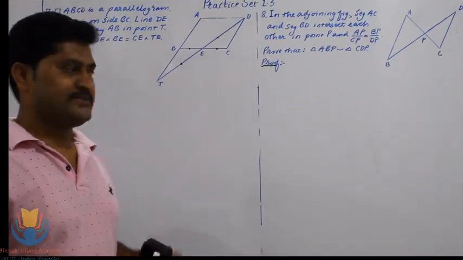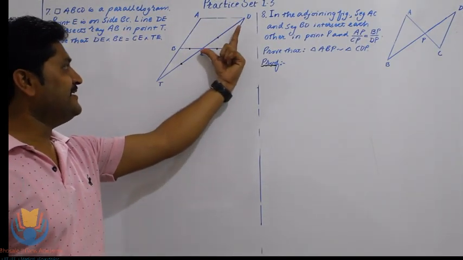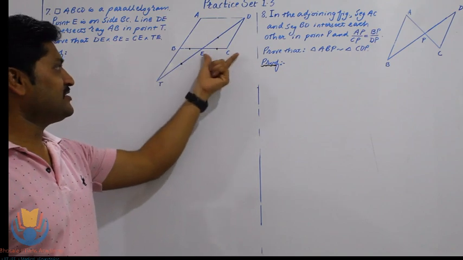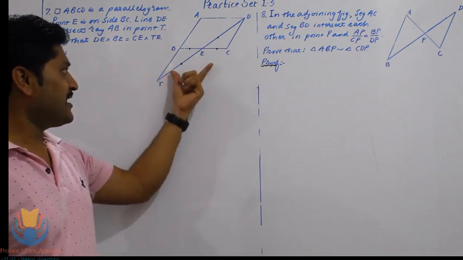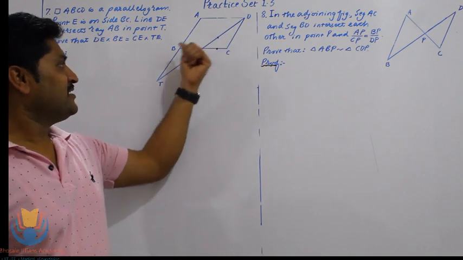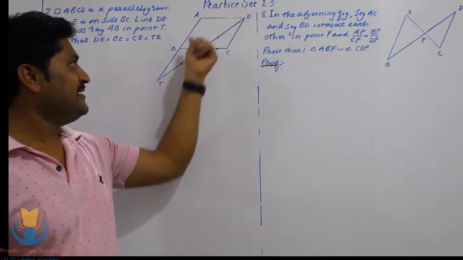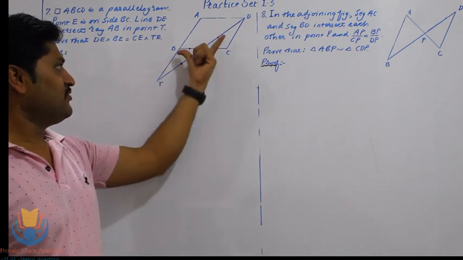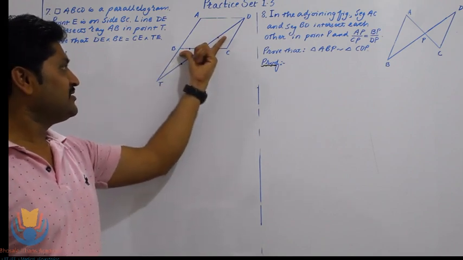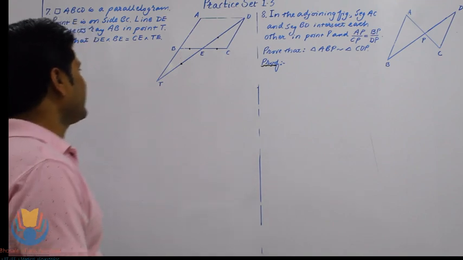Let's start question 7. Here we have to prove that this DE into BE is equal to CE into EE. So these sides I have already marked here in the diagram. So these are the sides of triangles DEC and BET. That means first of all we have to show that these two triangles are similar. So let's continue.